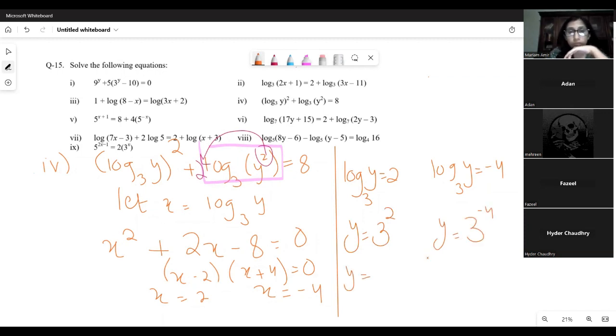Both of these are positive values, so you're not going to discard any solution. 3 square is 9, and what is 3 power minus 4? 3 power minus 4 is 1 by 81. Okay, fine. So both of these are correct solutions. Okay, question 5.